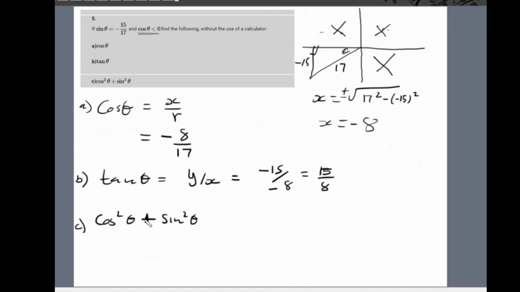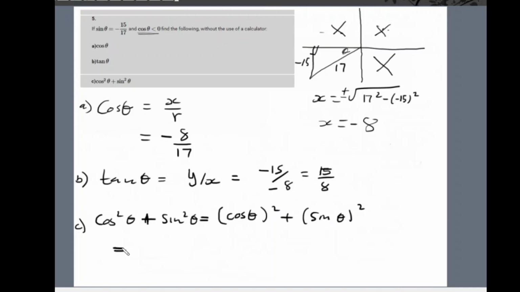You'll know immediately from grade 11 that this should give us the answer of 1. It's a trigonometric identity. But then let us calculate. Cos squared theta is the same as cos theta all squared. Sine squared theta is the same as sine theta all squared.